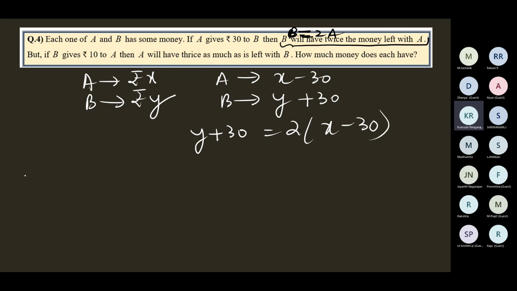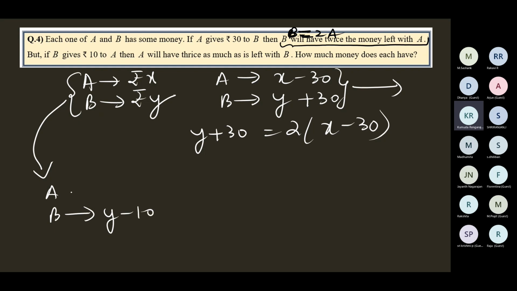Then if B gives 10 to A, this is a new situation. Again, come from here. Don't continue from here. It's a new situation. If B gives 10 to A, B will have y minus 10 and A will have x plus 10, correct? Yes, ma'am. If B gives rupees 10 to A, B is giving, so minus 10.